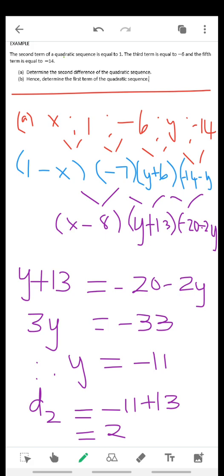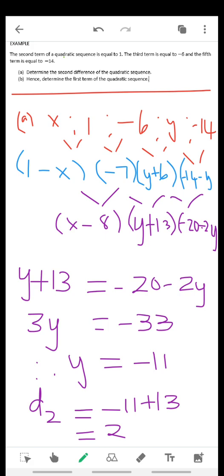So minus 7 minus 1 is minus 8, then minus x, it's a plus x. That's why I wrote x minus 8. And then you can also do the rest, finding y plus 13 and minus 20 minus 2y. But what do I know about x minus 8, y plus 13, minus 20 minus 2y? The second difference of a quadratic sequence is constant.